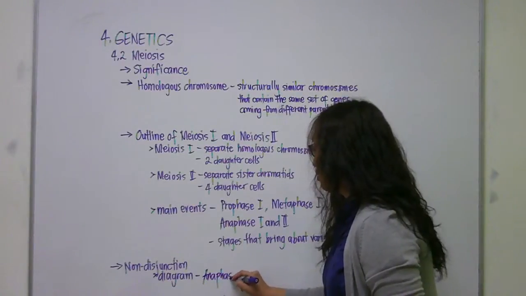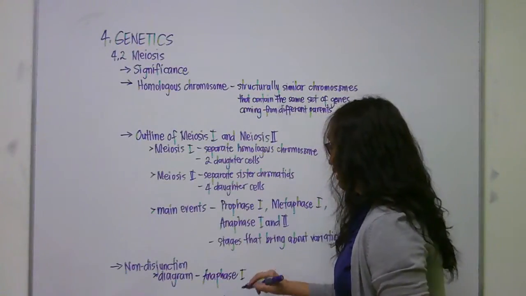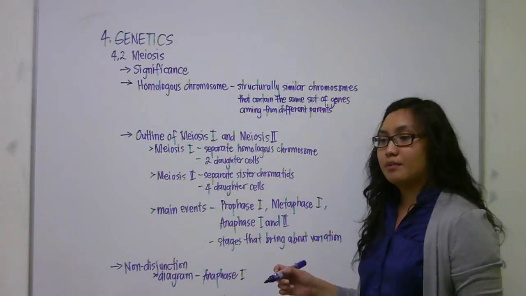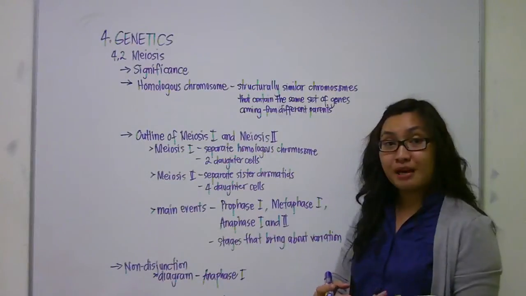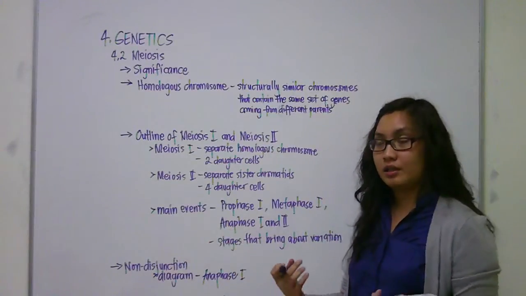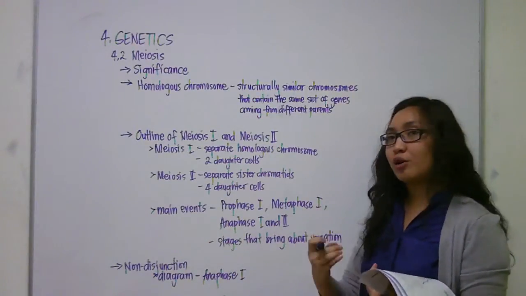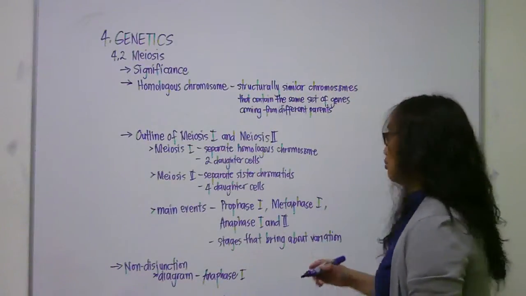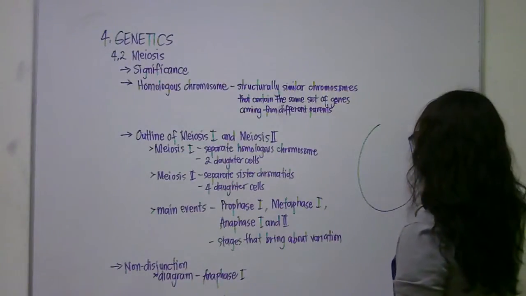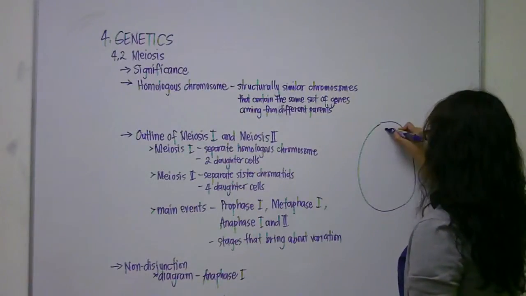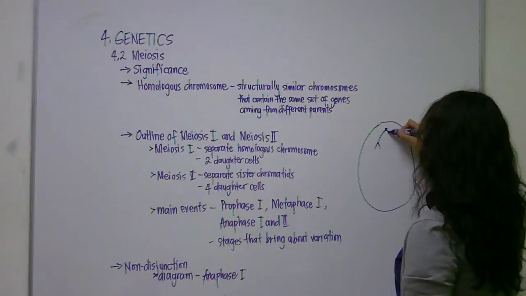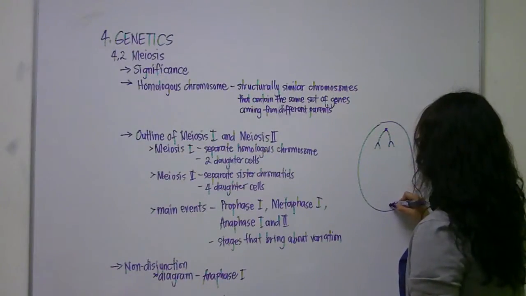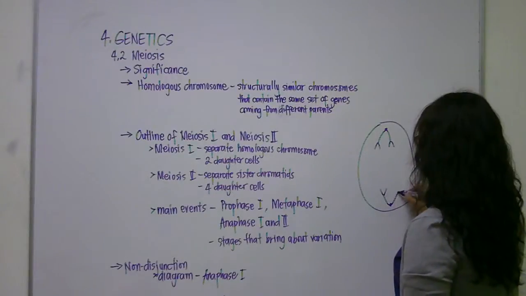So we can show the students that in anaphase 1, instead of the two pairs of chromosomes separating equally, one of the chromosomes failed to separate. For example, if I have the diagram here, supposedly there should be two chromosomes that are going to be separated here.